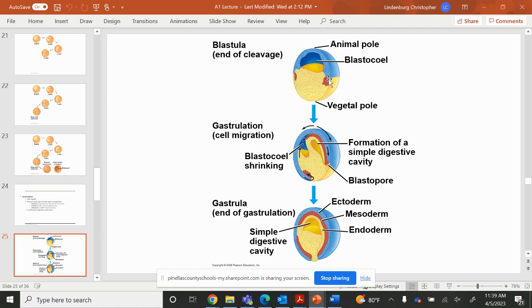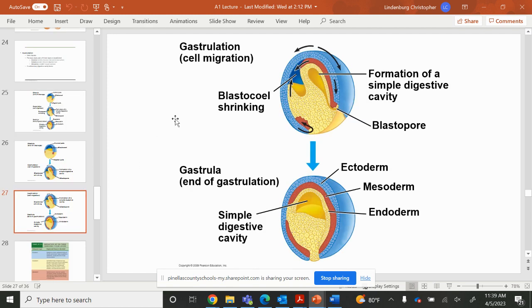So here's our blastula. Now these cells start to move around and modify that cavity like this until eventually you get a basic digestive cavity. You have your outside, your middle, and your inside: ecto, meso, endoderm. You don't need to know a lot of detail on this. Don't stress about that. Just know that during gastrulation, you establish three primary tissue layers.